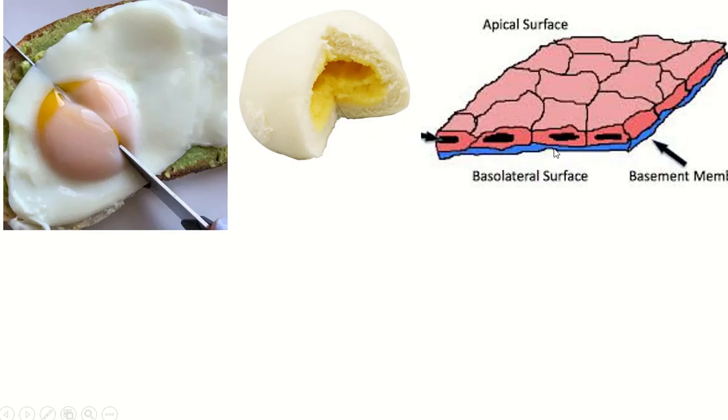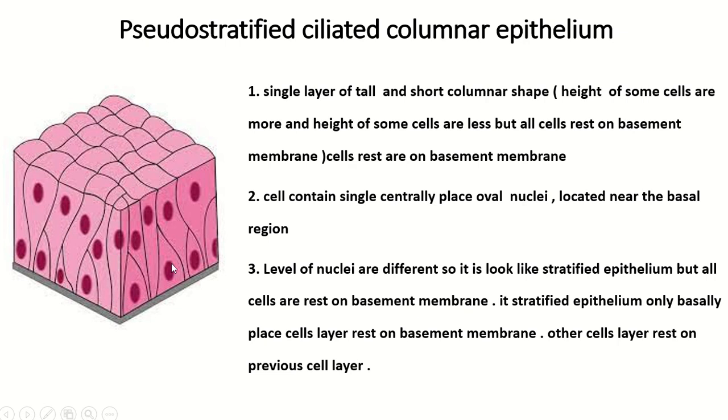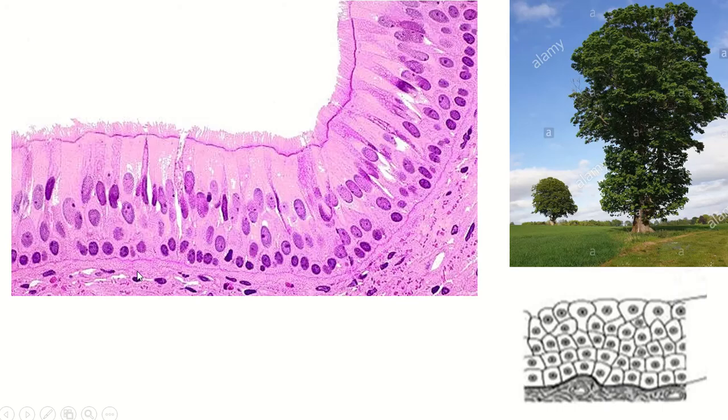But here, nuclei are placed at different levels, like stratified epithelium. This is transitional epithelium. Like this epithelium, there are different levels of nuclei, so it looks like stratified epithelium. So how can you identify this epithelium?